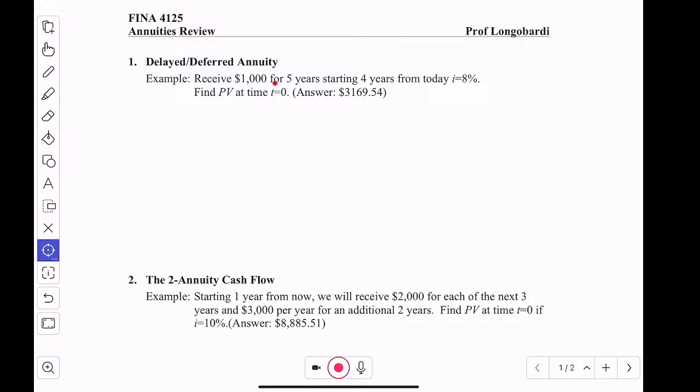So for this problem, $1,000 for 5 years starting 4 years from today. So I'm going to call this a deferred annuity.